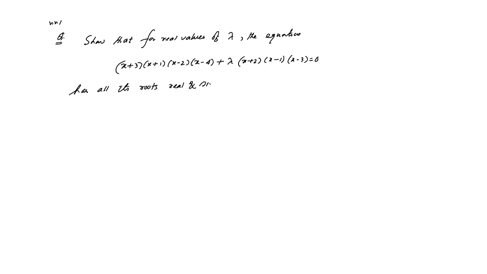Simple means root of order 1. That means the root occurs 1 time. There is no multiple root. And all roots must be real.